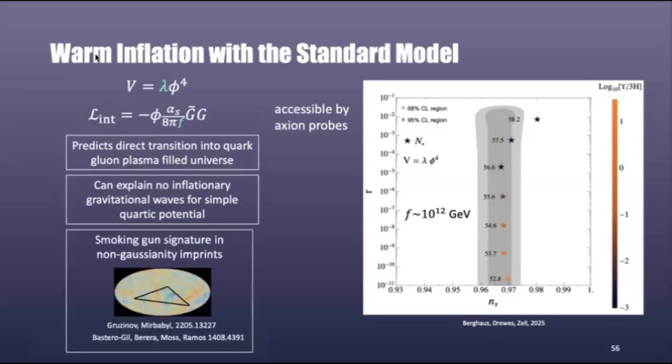all observables. And what I find very exciting about this is there is a smoking gun signature for warm inflation, and that lives in the non-Gaussianity imprints. There was a paper 10 years ago, and more recently a newer paper, and both of them have identified that warm inflation leads to a unique bispectrum shape that peaks differently than the cold inflationary models.